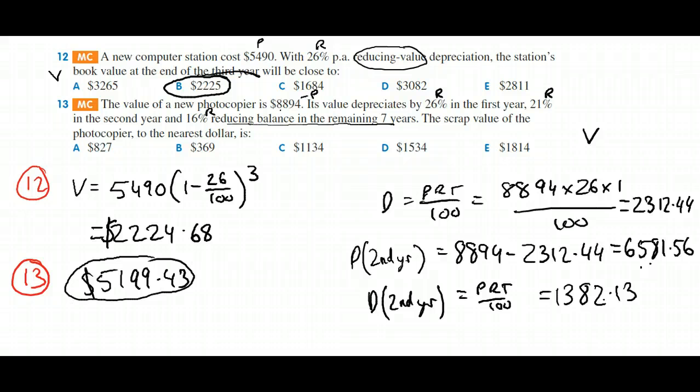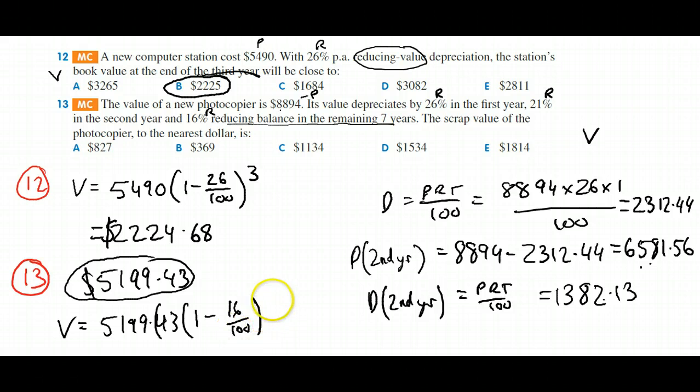Okay, that's the value of the photocopier after 2 years now, and then 16% reducing balance for 7 years. So V equals P is 5199.43, and then 1 minus 16% over 100 for 7 years. So this will give us the book value at the end of those 7 years.